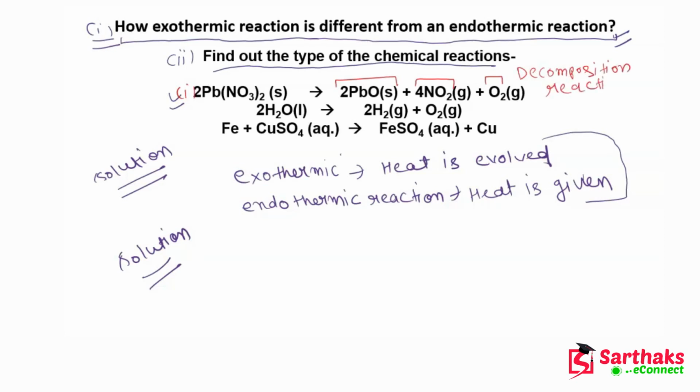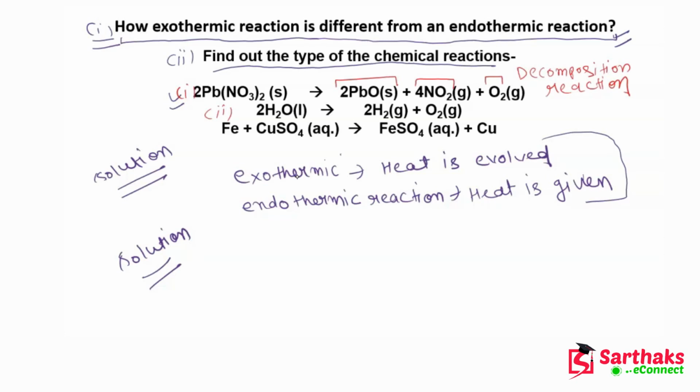I hope you get my point. Now let's talk about the second option. Here it is given that this water molecule, or H2O, is again decomposed into hydrogen and oxygen gases.